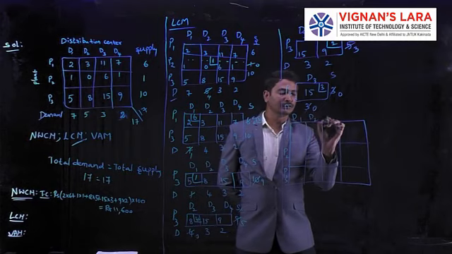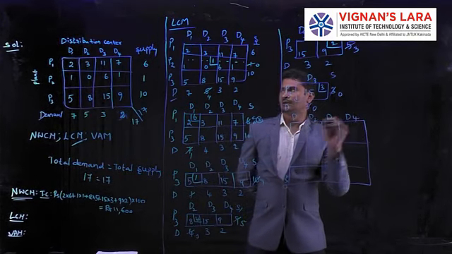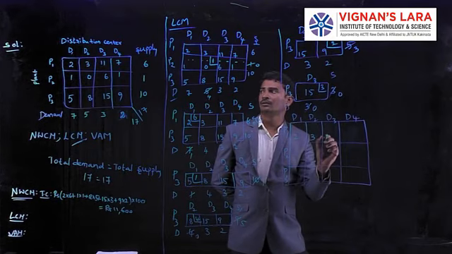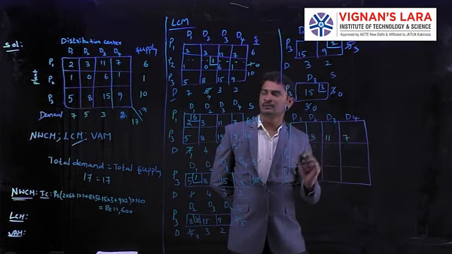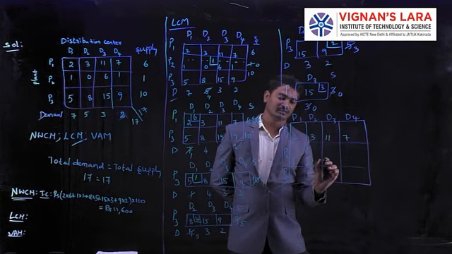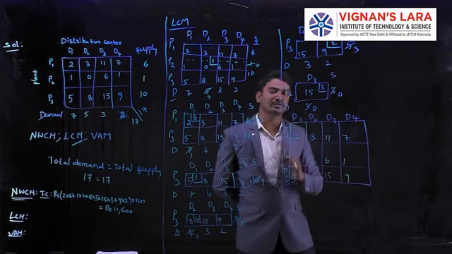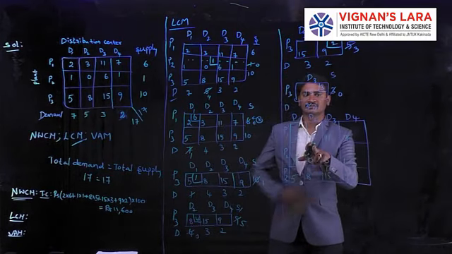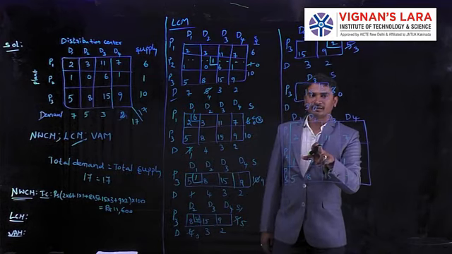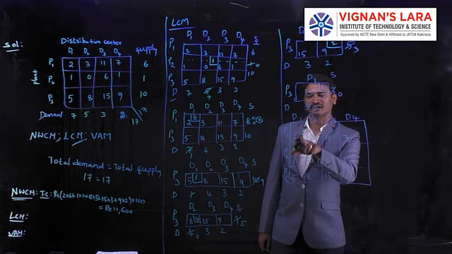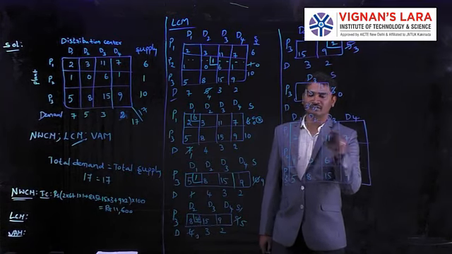Initially we have the unit costs 2, 3, 11, 7, then 1, 0, 6, 1, 5, 8, 15, 9. These are the unit costs given. Each cost we have to multiply by 100 rupees, because in our problem each unit value is given as 100 rupees. It means 2 into 100 is 200, like this we have to take every one.